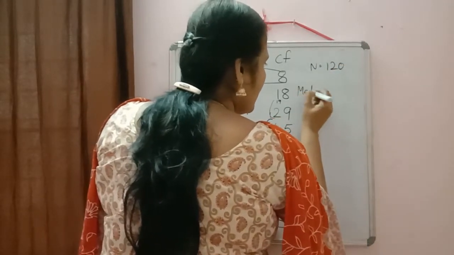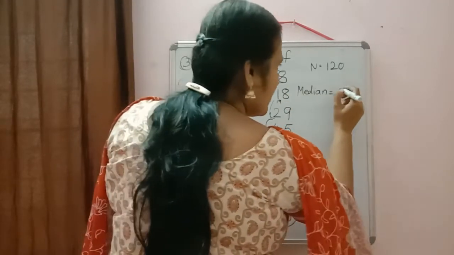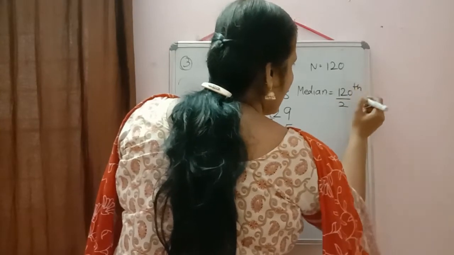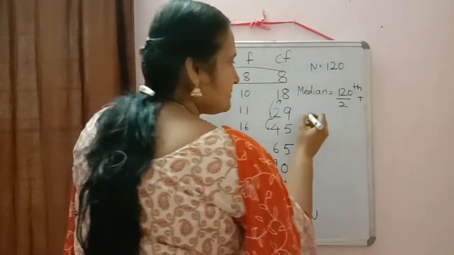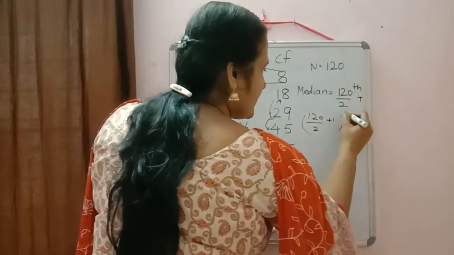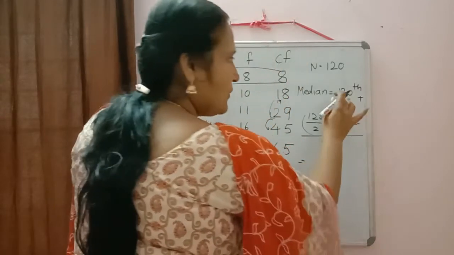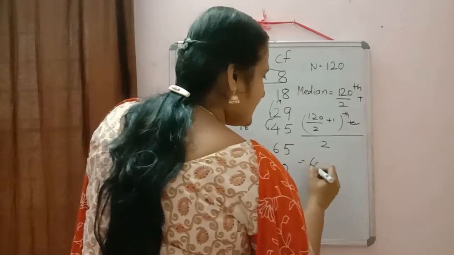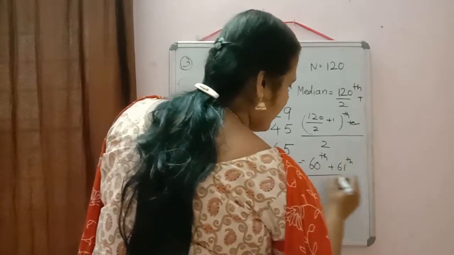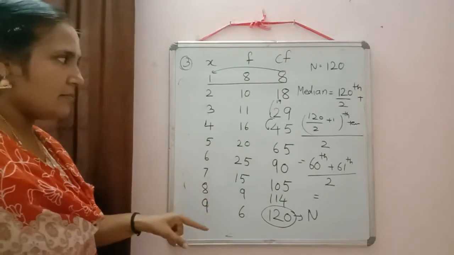So median will be equal to, now I am not writing the formula, directly I am substituting n by 2. It will be equal to the 120 by 2th term plus the 120 by 2 plus 1th term, whole divided by 2. So 120 by 2 is the 60th term plus the 61st term, divided by 2. Now we check what the 60th term is.